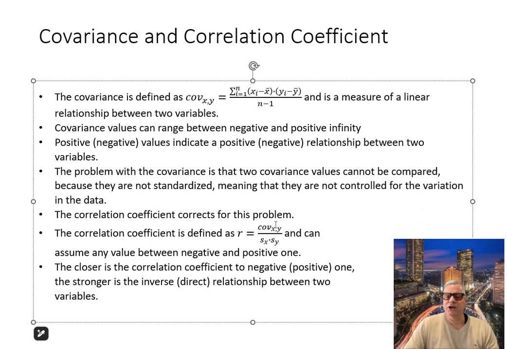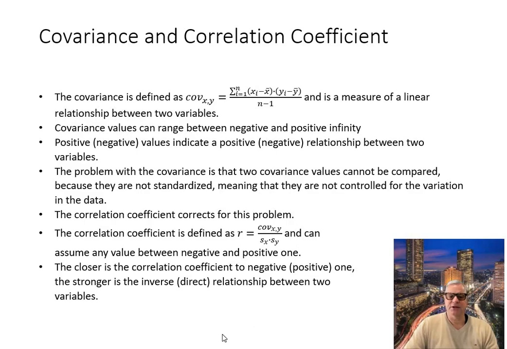So the correlation coefficient is simply the covariance between x and y over the product of the two standard deviations. That standardizes it between -1 and +1. That can also be proven, but that would be beyond this more applied course.